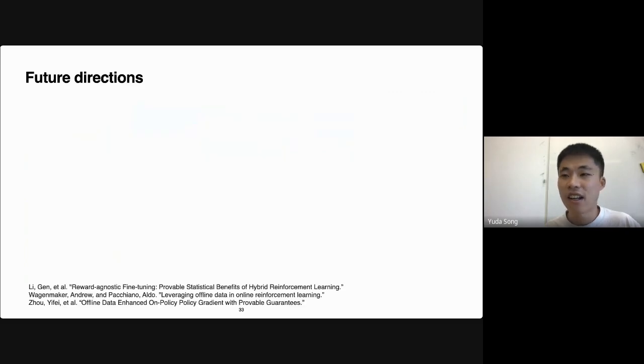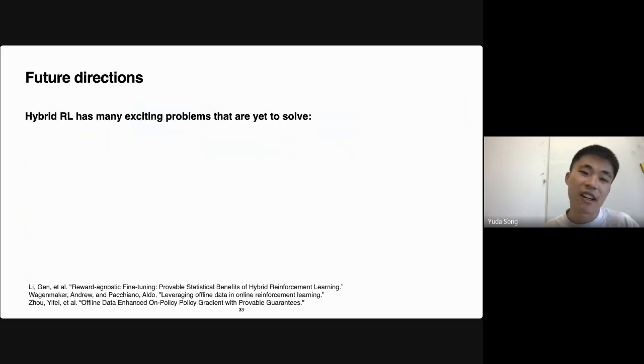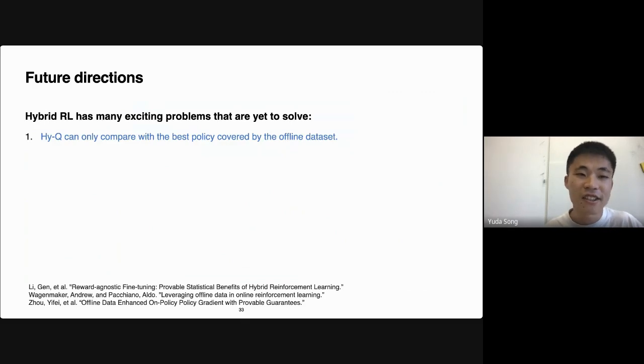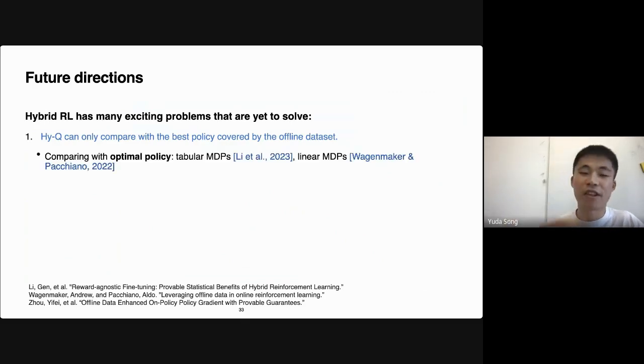There are also future directions that are interesting, at least to me. First, as we keep mentioning, HighQ can only compete with the best policy covered by the offline data. If you want to compete with the global optimal policy, people have already discovered how to solve it in tabular MDPs and linear MDPs, but how do we do it beyond linear MDPs?